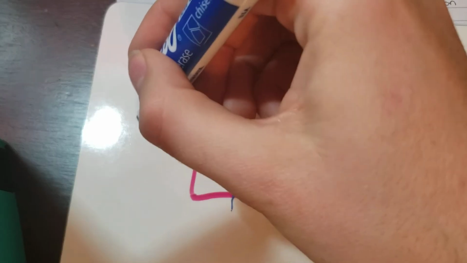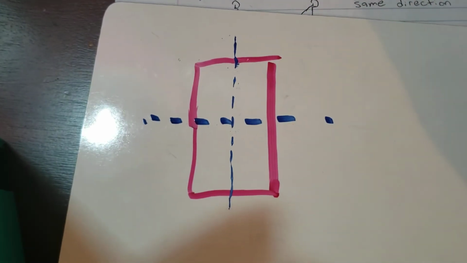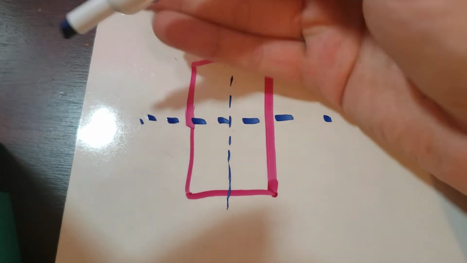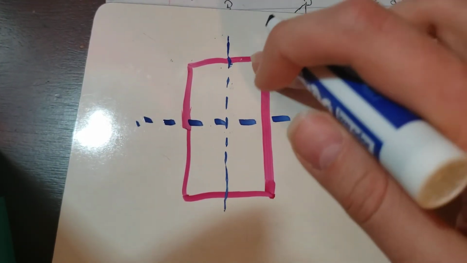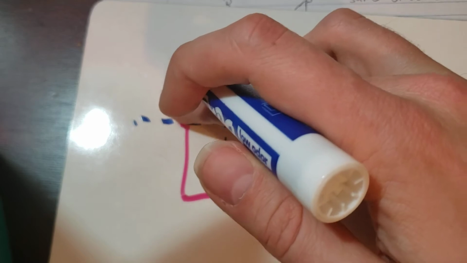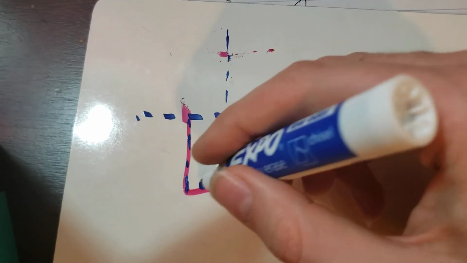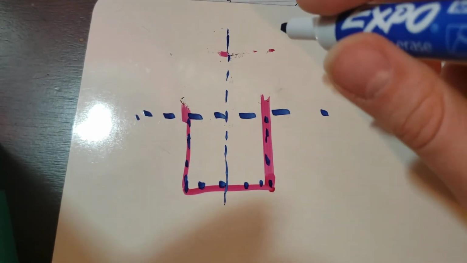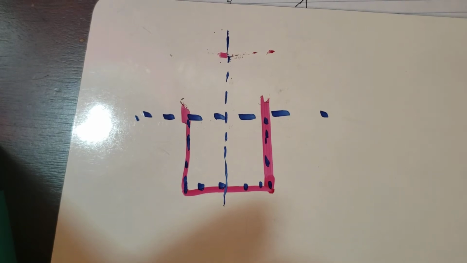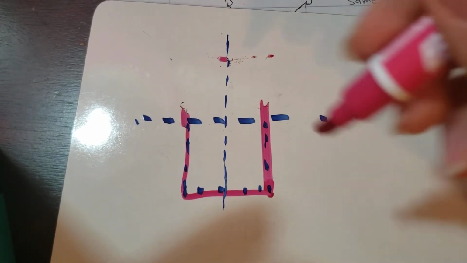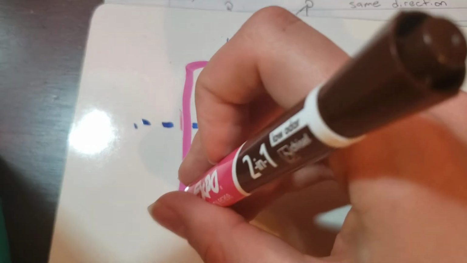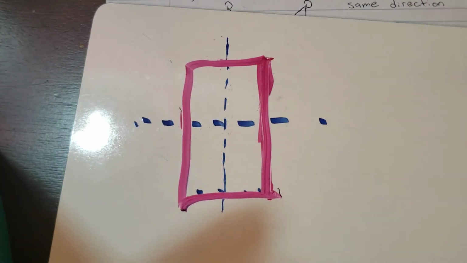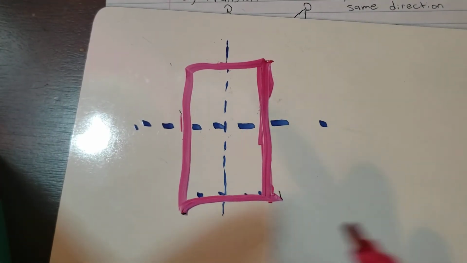Now, my other one is down this middle, because now I could fold it again, and this line is going to come over and cover it here. So my two lines of symmetry are like that. For a rectangle, those are the only two, the vertical and the horizontal axis.